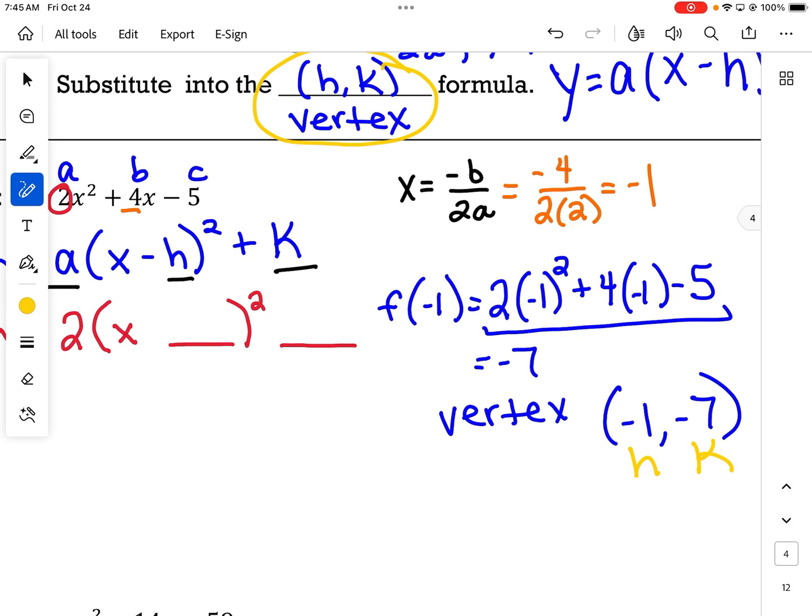Remember, it's your crazy x, because it would be like saying minus a -1, which comes out to +1. It does the opposite of what you say. It's the opposite of what you want them to do, right? That's your crazy x. And then our k is -7.